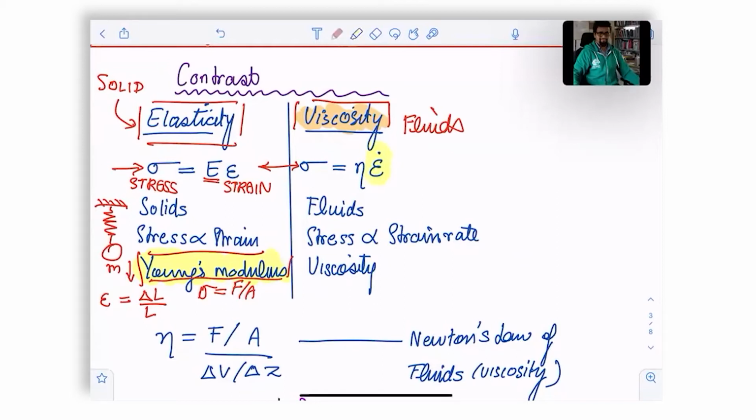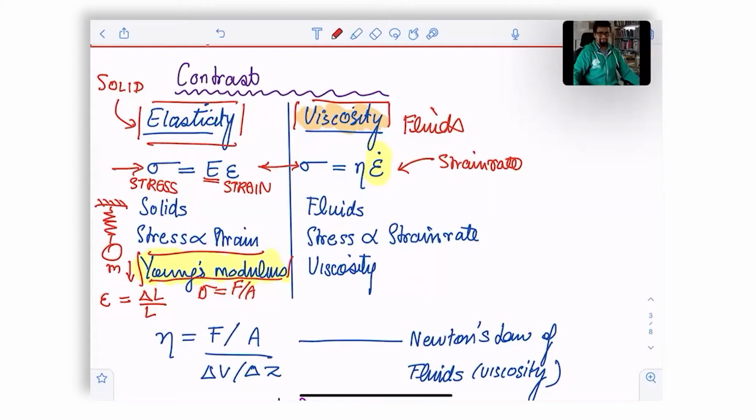This is nothing but the strain rate. In other words, the rate of change of relative deformation is what the strain rate expresses.